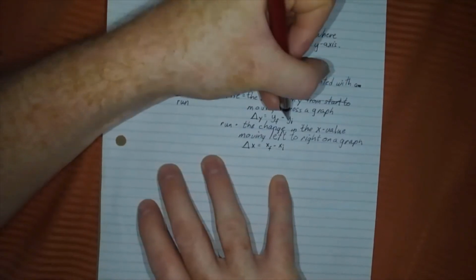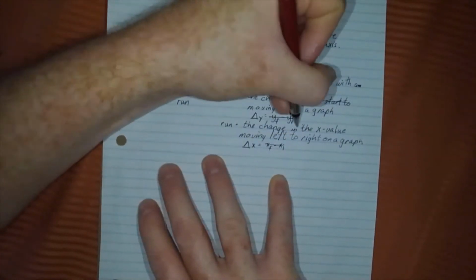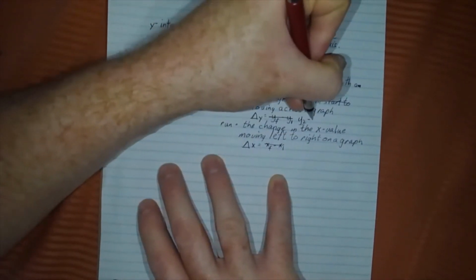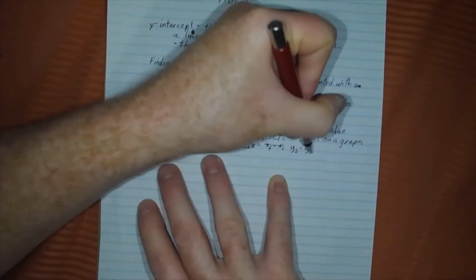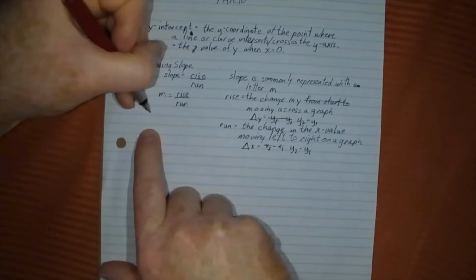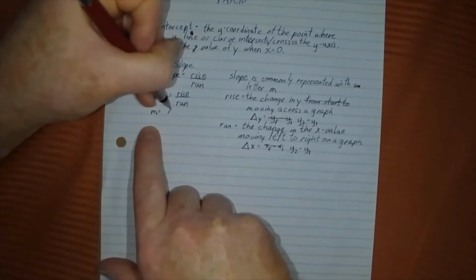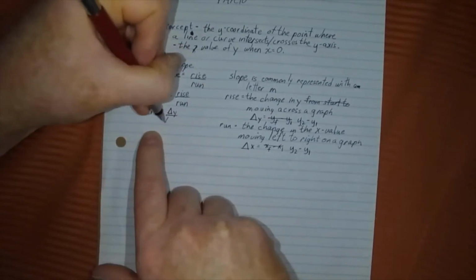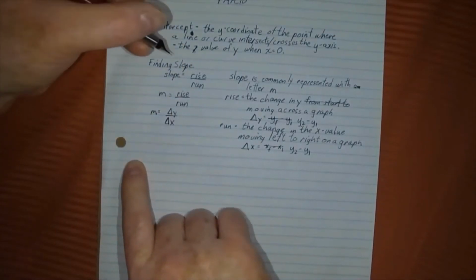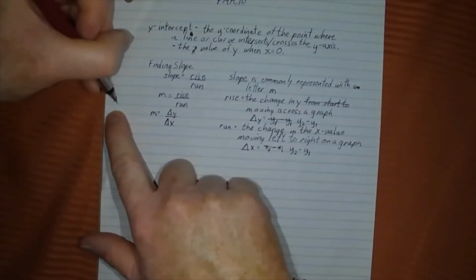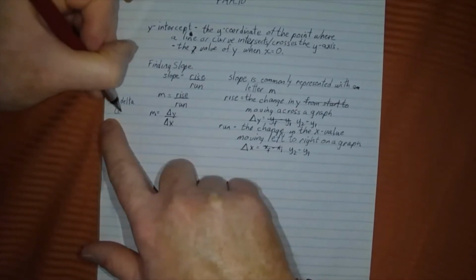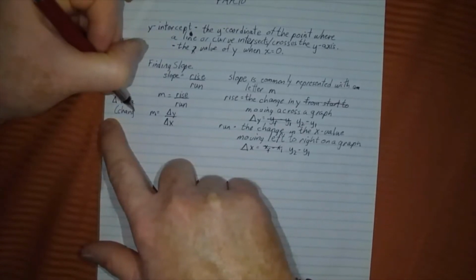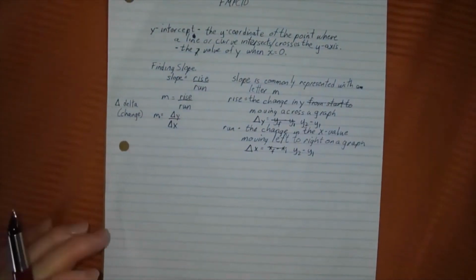Actually, let me change these just so we don't get confused, to y2 minus y1, and we'll graph this out and take a look at it. So I could actually say that the slope m is equal to delta y over delta x, and delta is the Greek letter delta, and it means change in some value.